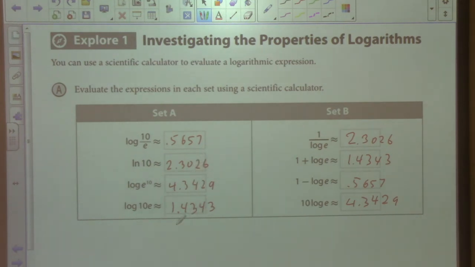Just for example, this last one here, this log of 10e is equal to the log of 10, which means log base 10 of 10, plus the log of e.